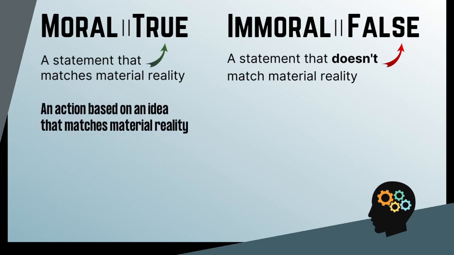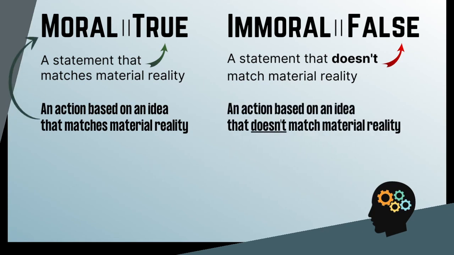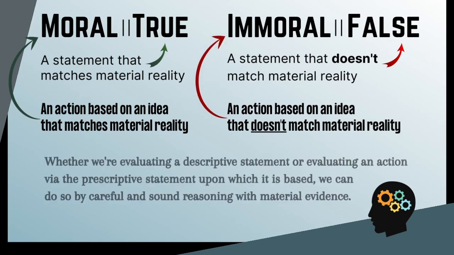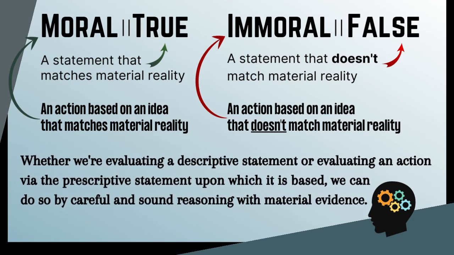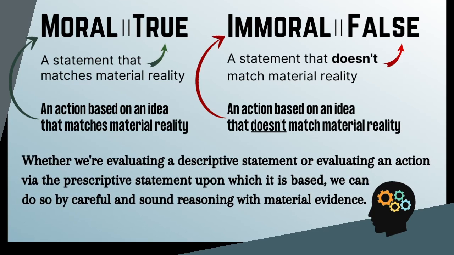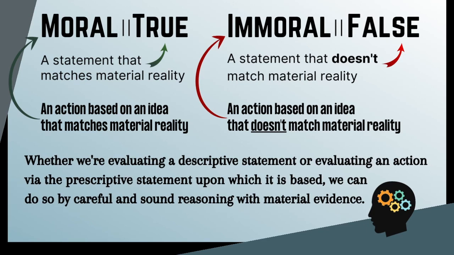When an action is based on an idea that matches material reality, it's moral. When it's based on an idea that doesn't match material reality, it's immoral. And whether we're evaluating a descriptive statement or evaluating an action via the prescriptive statement upon which it is based, we can do so by careful and sound reasoning with material evidence.